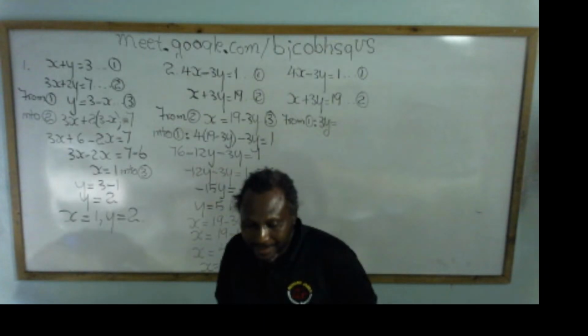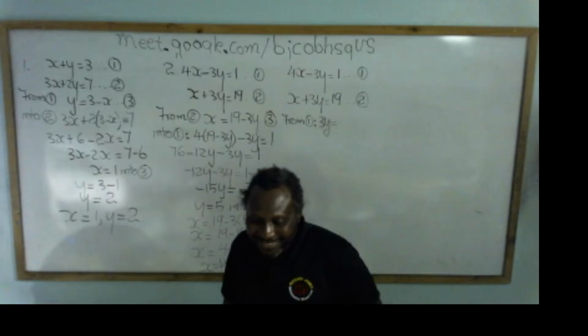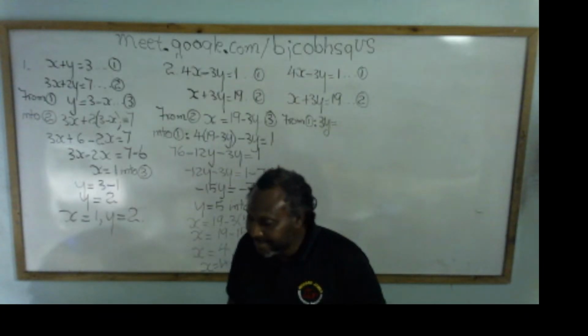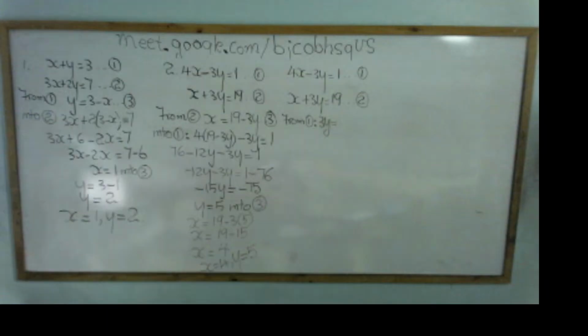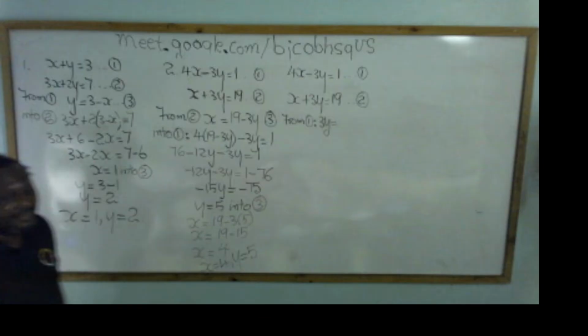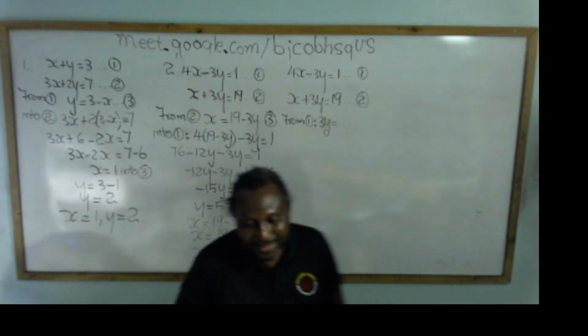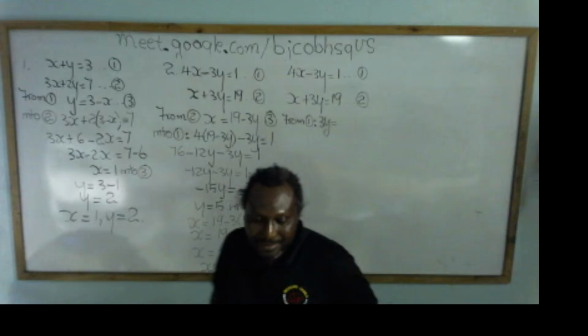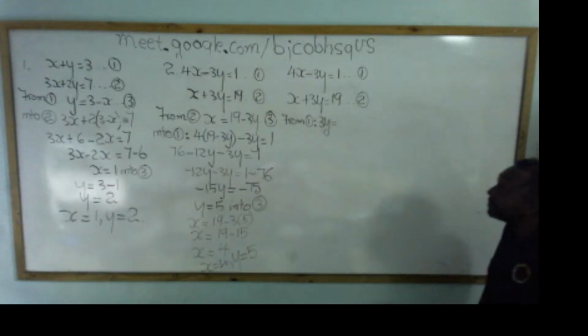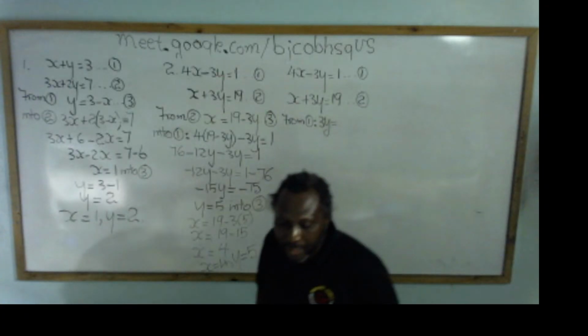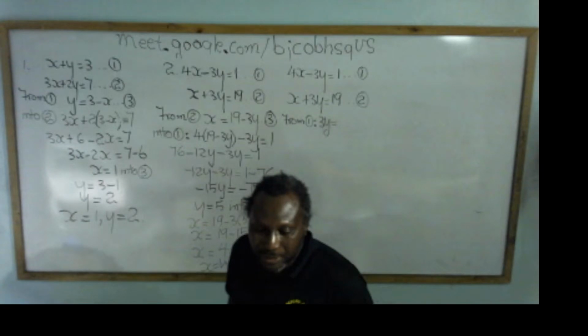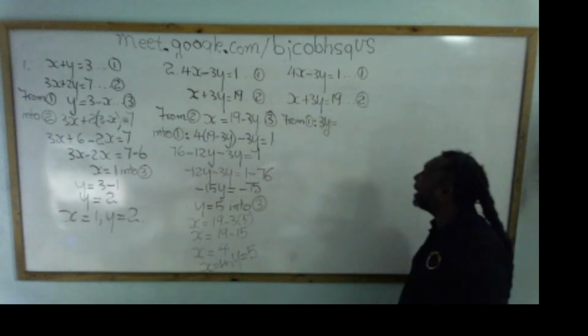As I promised, this evening you might see something in substitution that you have not seen before. Yes, I promise you that you might see something that you have never seen before. So we are making 3y the subject of the formula, and we are doing that from equation 1. So from equation 1, 3y is our subject.